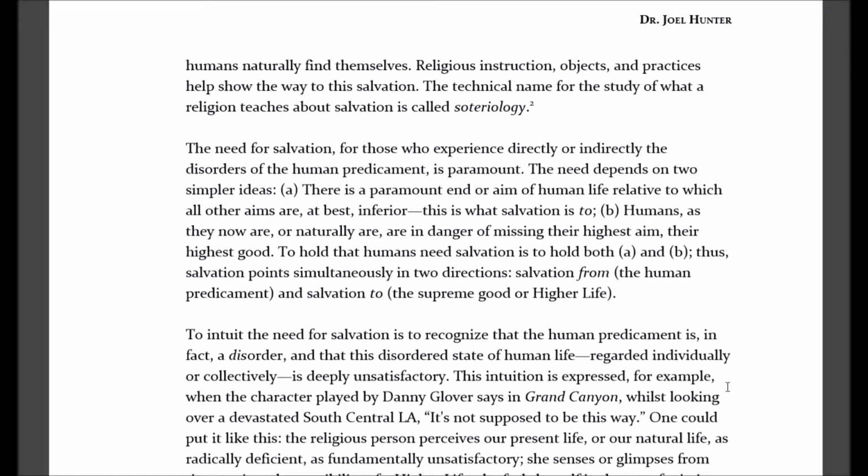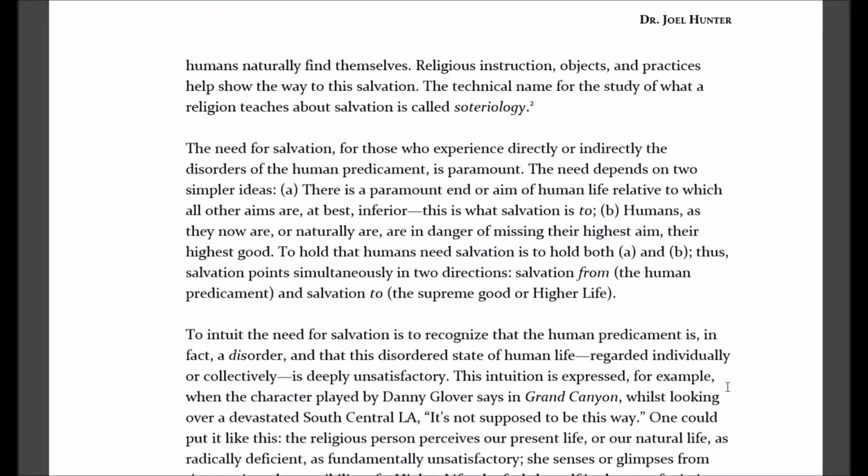And so this comes out in two ways, two distinct ways. One way in which the need is understood is in terms of where we're going. What is the ultimate value or worth in human life? What is our paramount end or aim in life?